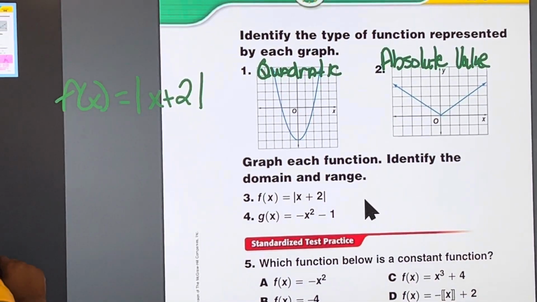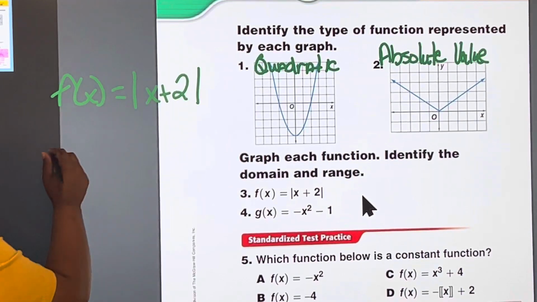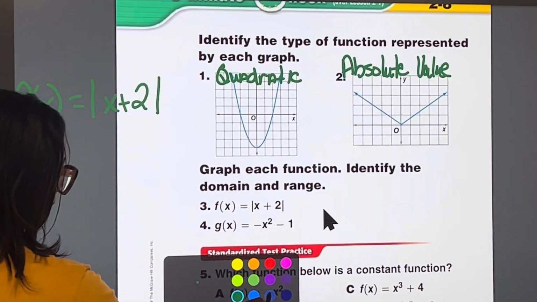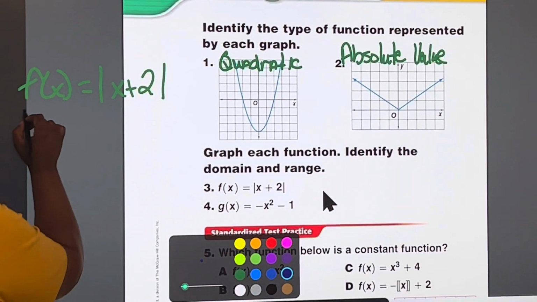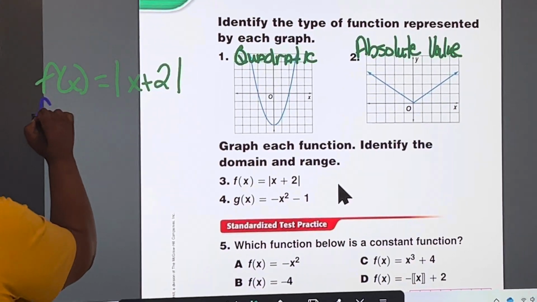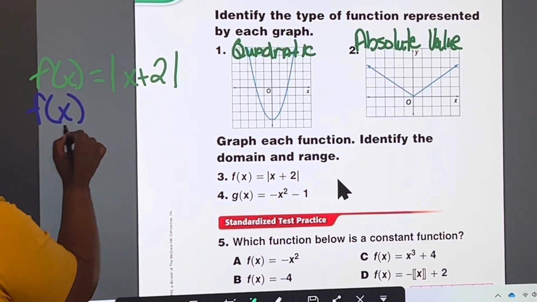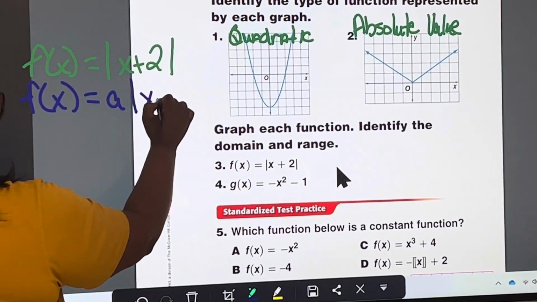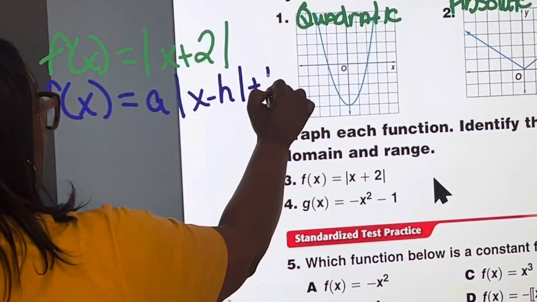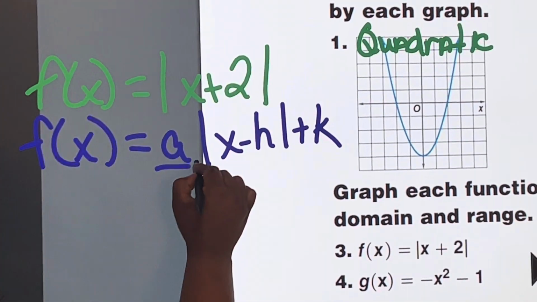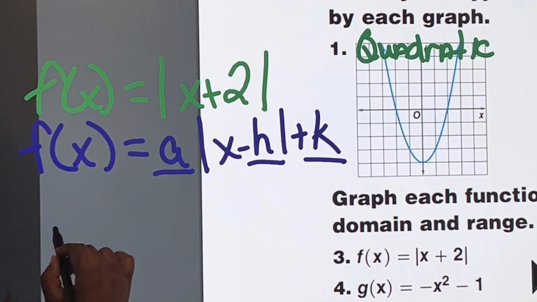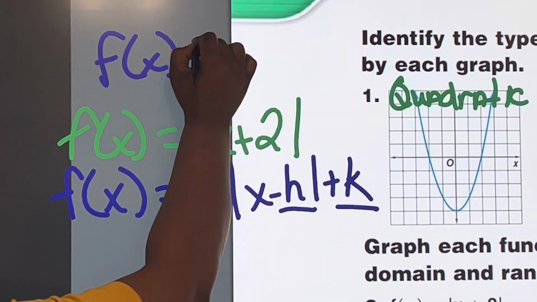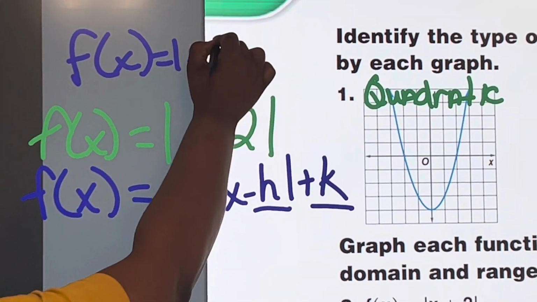Last class we talked about how our transformative equation is f of x equals a times the absolute value of x minus h, plus k. So we have an a, h, and k that were added to our parent function f of x equals the absolute value of x.